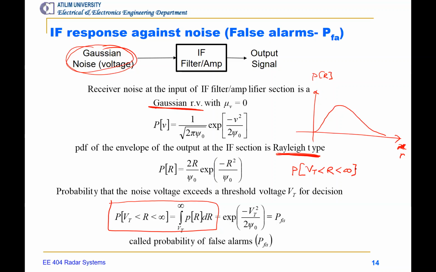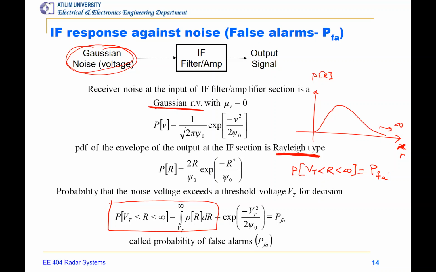It may go up to infinity. Theoretically, in practice, there is no infinite value here, but theoretically, it goes to infinity. So we try to determine this probability, which is the probability of false alarm, because we got noise at the input.